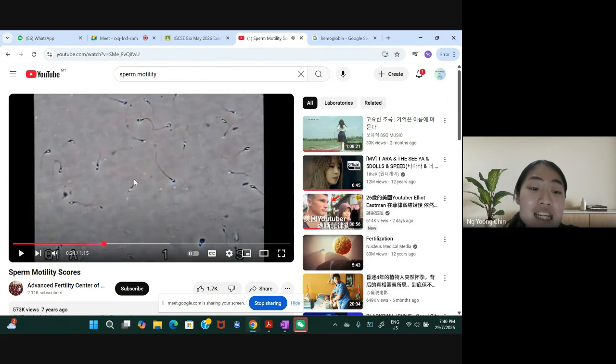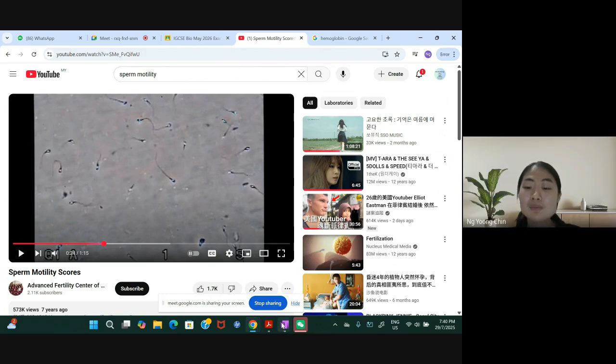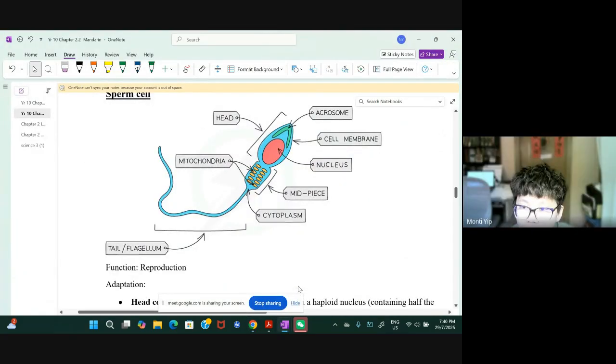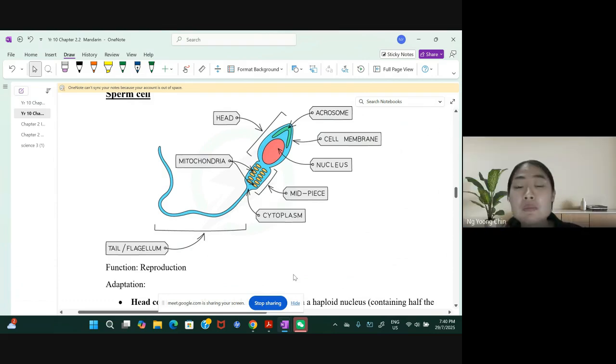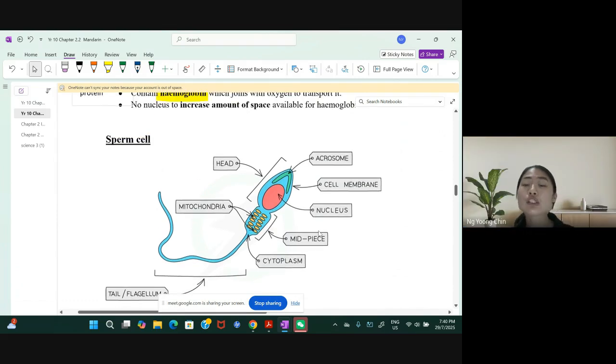Behind that, there is a sperm cell which didn't move. Actually, that sperm cell has already died. Sperm cells are always moving, so they are considered a cell with a high metabolic rate because they are moving all the time.